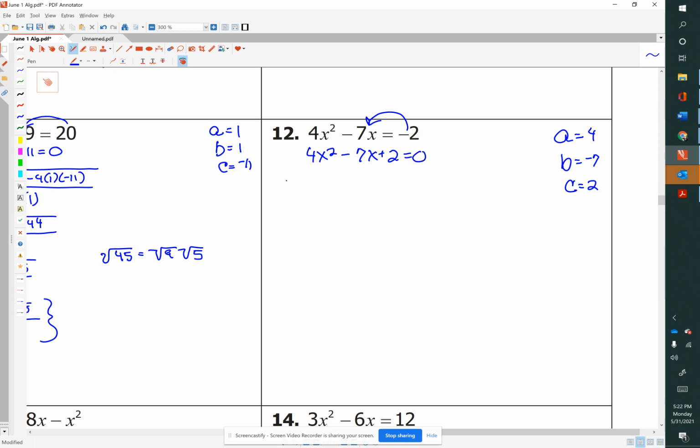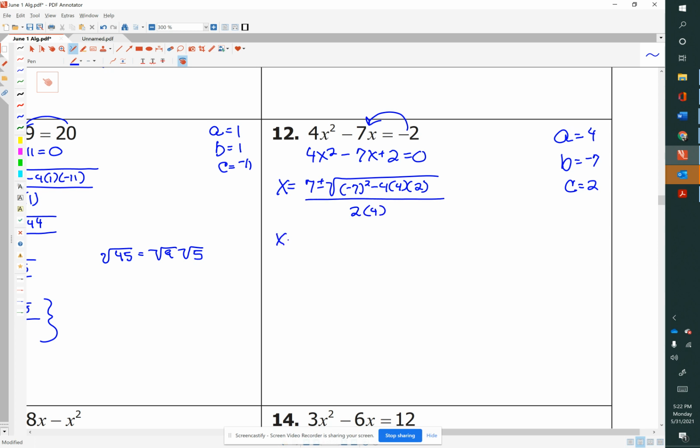So let's start making our substitutions and working our problem. X equals 7, because the negative of -7 is a +7, plus or minus the square root of -7 squared minus 4 times 4 times 2, all of that over 2 times 4.